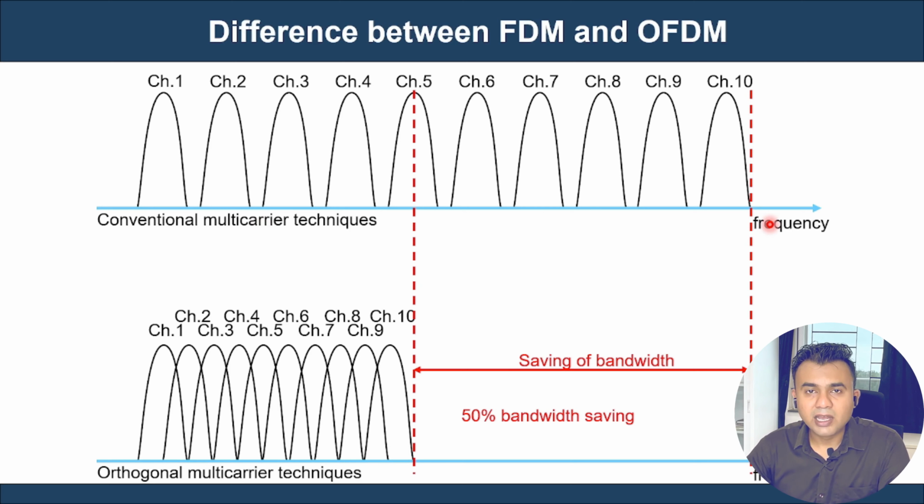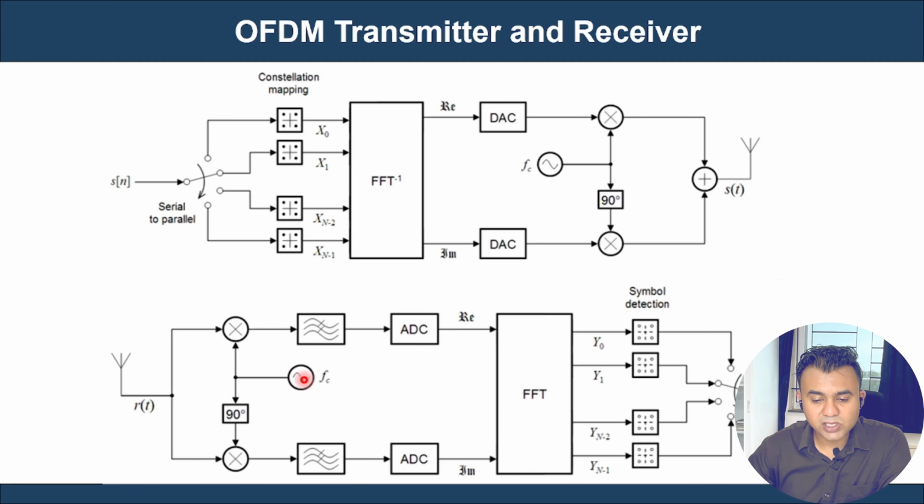The basic idea in any communication system is to multiplex as many users as possible simultaneously and provide the service or communication to a larger number of users. To overcome this, people have invented OFDM, where we were using orthogonal frequencies and squeezing the channels in the bandwidth so that they use lesser bandwidth. Moreover, the frequencies were orthogonal, 90 degrees apart.